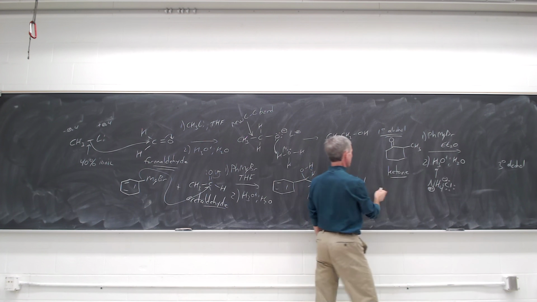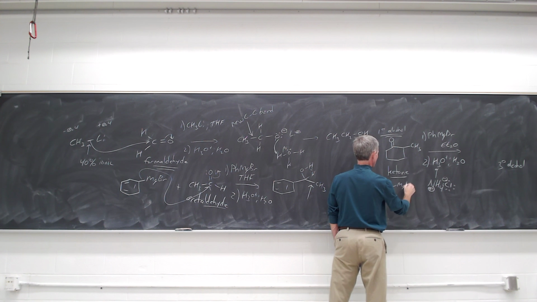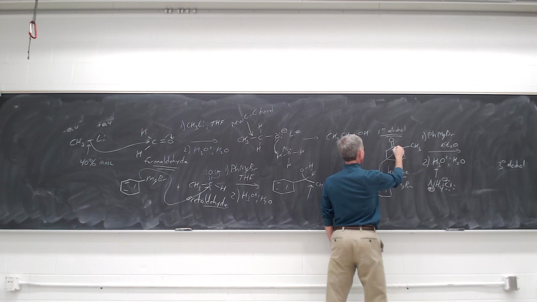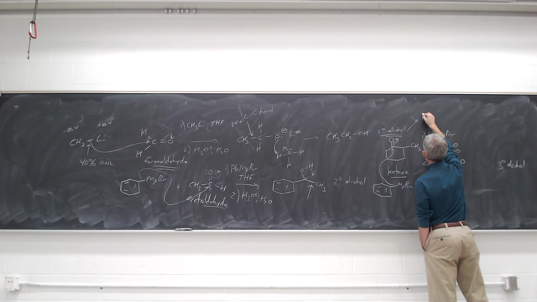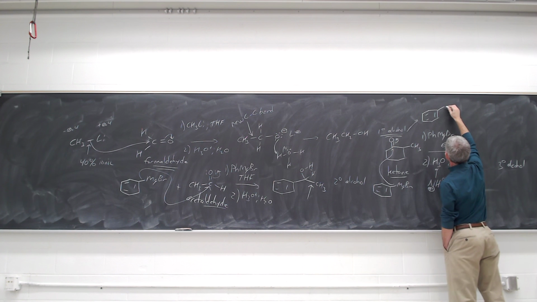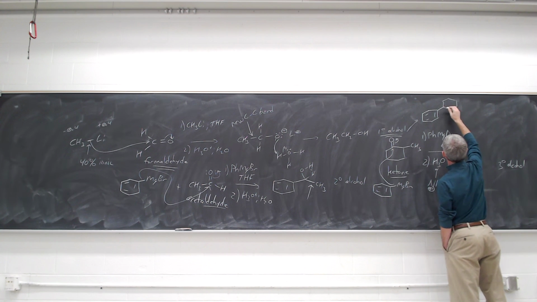Mechanism will be the same. Phenylmagnesium bromide attacking the carbonyl carbon. You'll notice these reactions are not reversible. So you form that carbon-carbon bond, it's not coming back off.